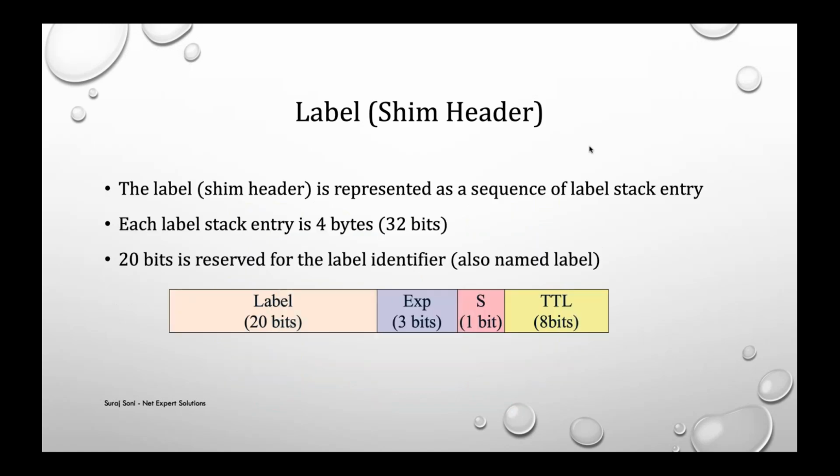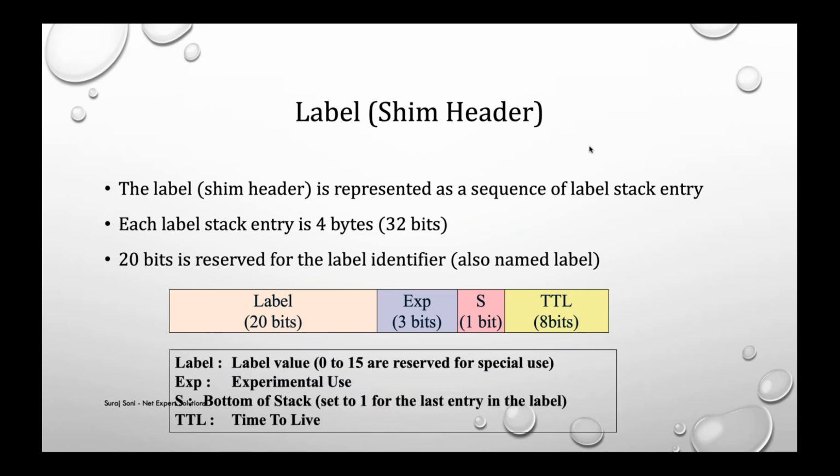What exactly is this label? This label is a 4 byte field, in which 20 bits are reserved for the label, and 3 bits are called the experimental bit, EXP. The experimental bit is used for QoS purposes.